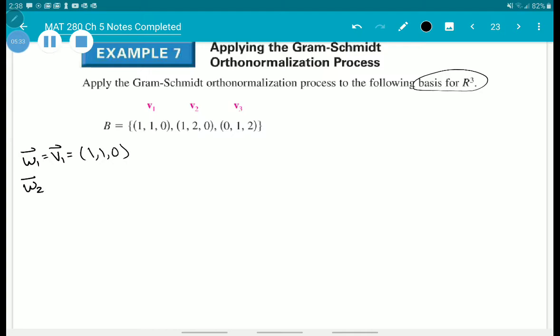To find W2, our formula is V2 minus the inner product of V2 and W1 over W1 with W1, and then we're going to multiply that scalar value by W1. So I'm going to compute some of those inner products over here to the right. Now, they haven't given us a specific inner product, which means we're always going to assume it's the Euclidean inner product, which is the dot product.